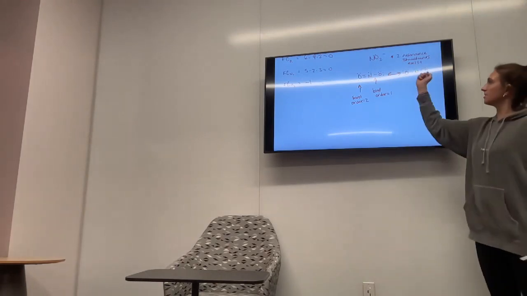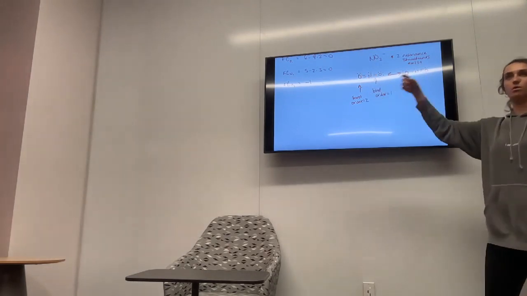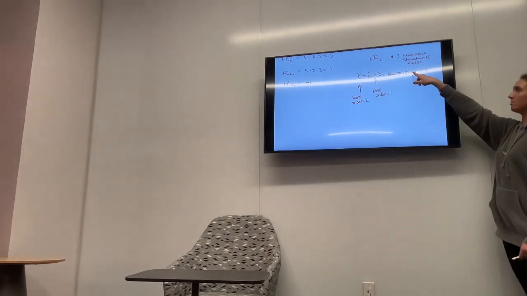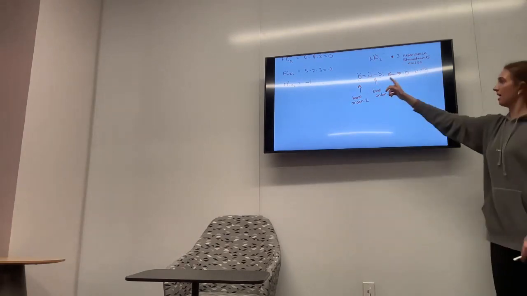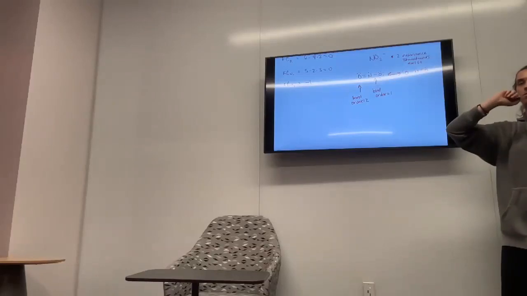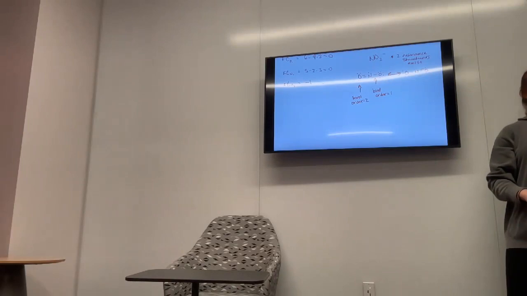Okay, but we have a resonance structure that exists. So this oxygen nitrogen double bond is not always a bond order of 2. It's sometimes a bond order of what? 1, right? So if we can have a bond order of 2 and a bond order of 1, what's going to be our overall bond order, do you think? 3/2, right?